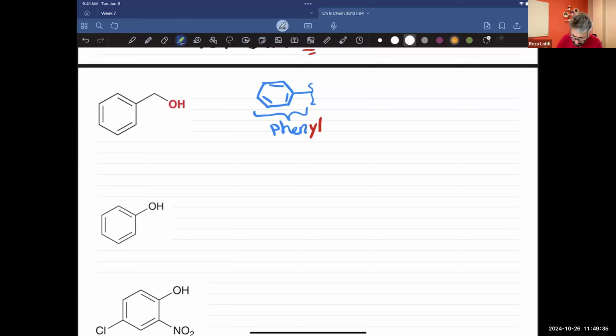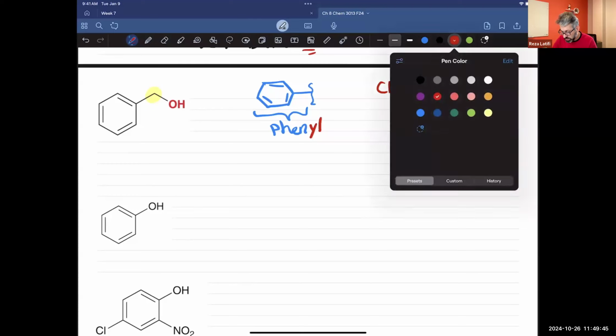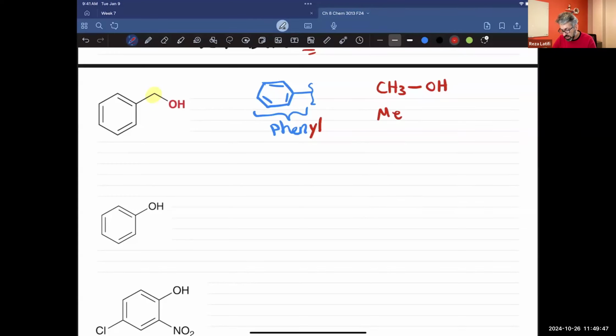Now let's highlight this carbon. That carbon is just one carbon. So how do I name that one? I have CH3 attached to OH. What's the name for it? This is methane. So I'm supposed to say methane. And then because I have OH, I say methanol.